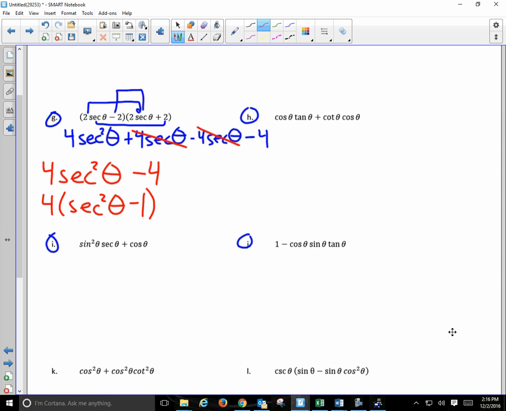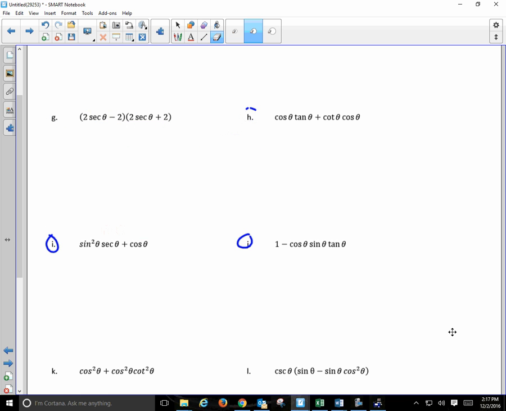Which one is it? Yep, it's tangent squared. It's number 6, so I get 4 times tangent squared. Not too bad, huh? Let's try one that's a little bit trickier.